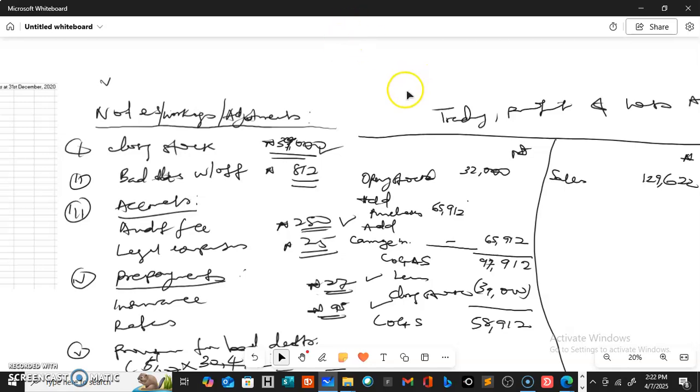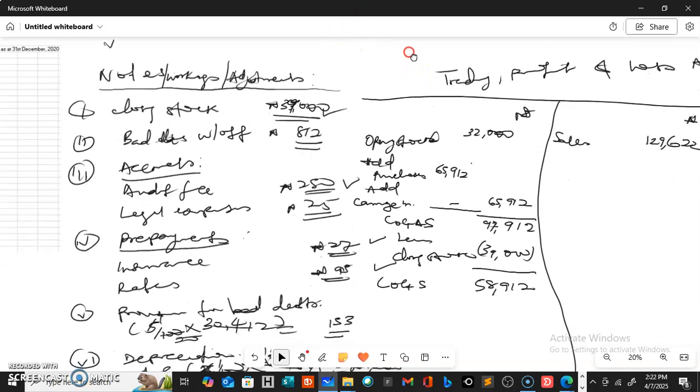So the cost of goods sold deducted from the sales will give us the gross profit. So we're going to have gross profit here.